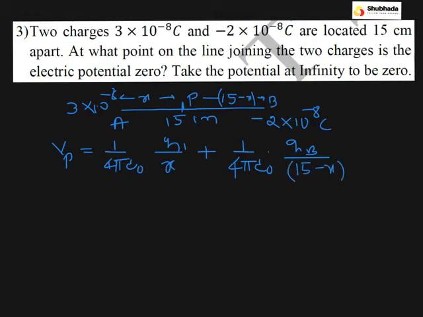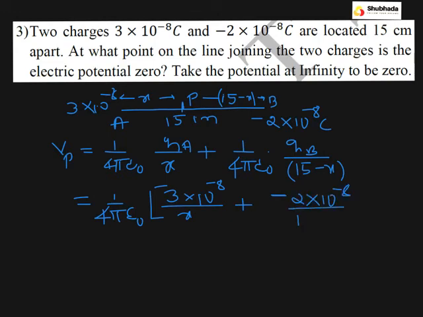So this is A, say this is QA. Okay, if I take 1 by 4 pi epsilon naught common, what I am left with is 3 into 10 to the power of minus 8 coulomb divided by x, plus minus 2 into 10 to the power of minus 8 coulomb divided by 15 minus x.